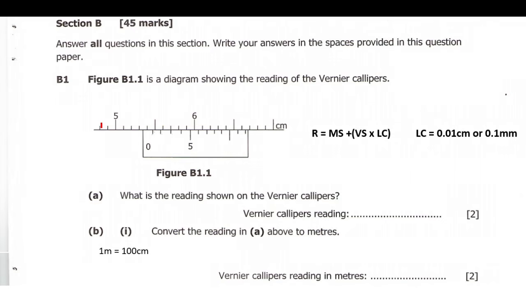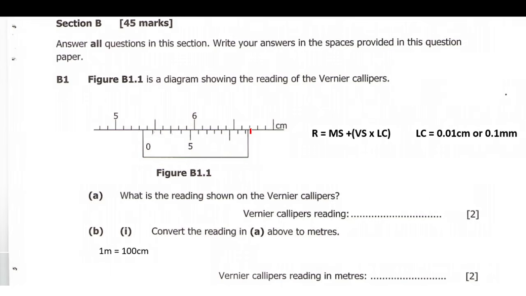And as you read from left to the right, you don't need to exceed this line here. You need to read up to this point here. You don't need to exceed this line down here. So you read the values on the main scale from left to the right before the line that is on the Vernier scale.